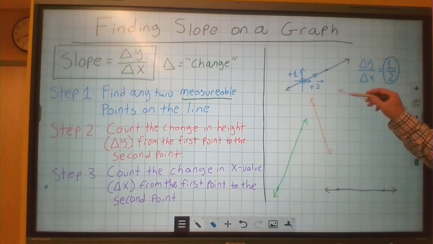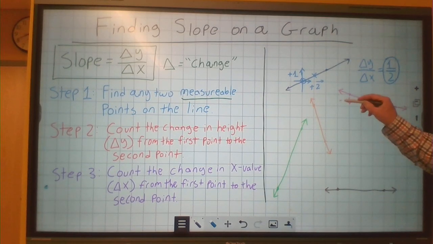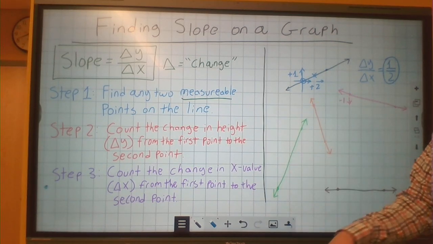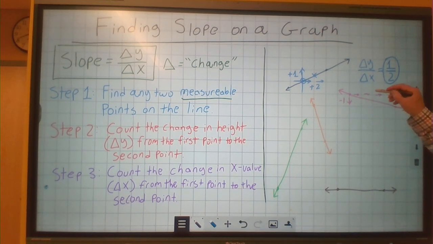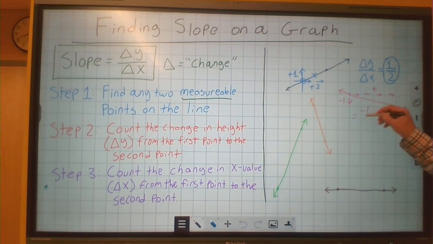Once again, going from the first dot to the second dot, we see that the vertical change is down 1. That means that it's -1. Down means minus, negative. And then we are going forward 1, 2, 3, 4, which means that we have a slope of -1/4.